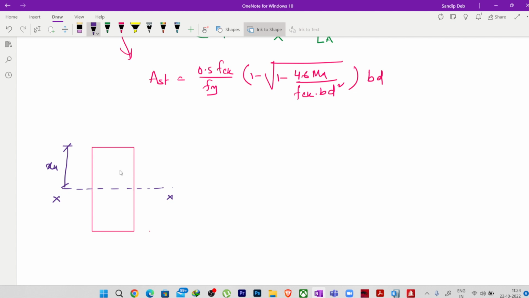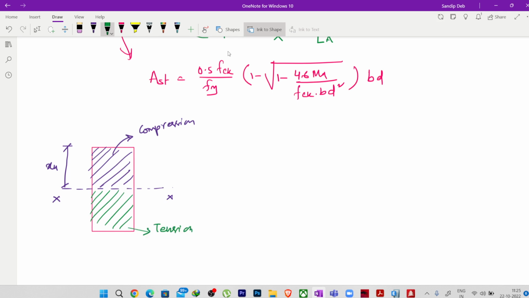So if this particular line is somewhere such that the zone which is under compression, and the other zone at the bottom of this neutral axis, which is under tension, are reaching their ultimate limits simultaneously.